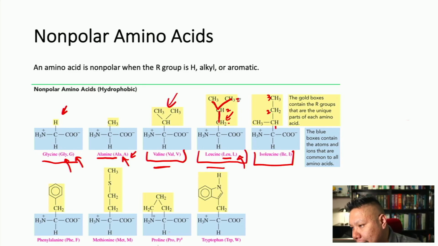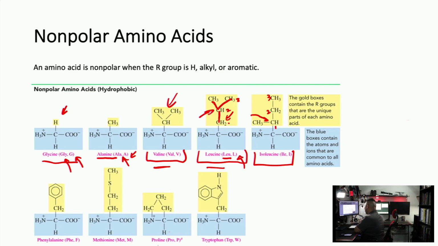The difference between those two, though, is that the methyl group comes off from this carbon, the one that's right adjacent to the alpha carbon in isoleucine. Whereas in leucine, the methyl group comes off of the second carbon from the alpha carbon. So basically the same molecular formula-wise, but structurally only differing by the position of that one methyl group, one carbon away.